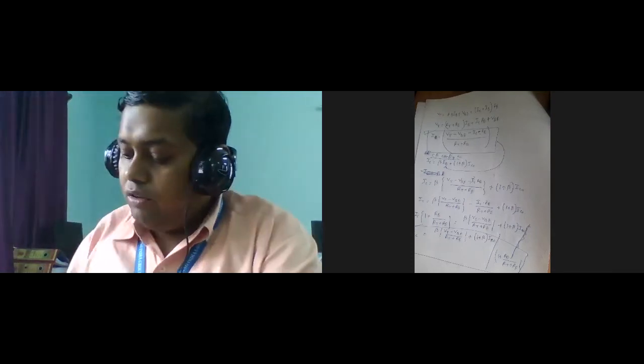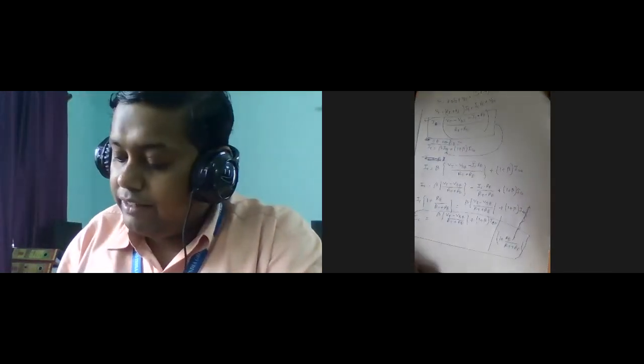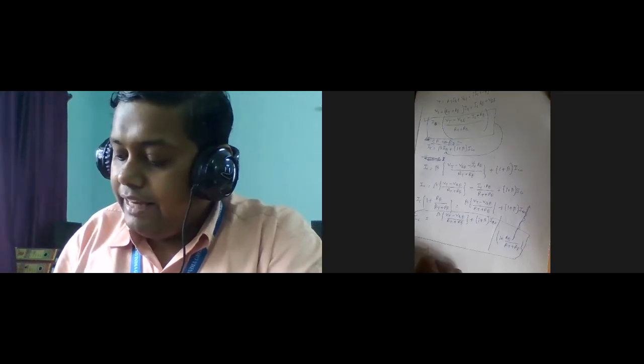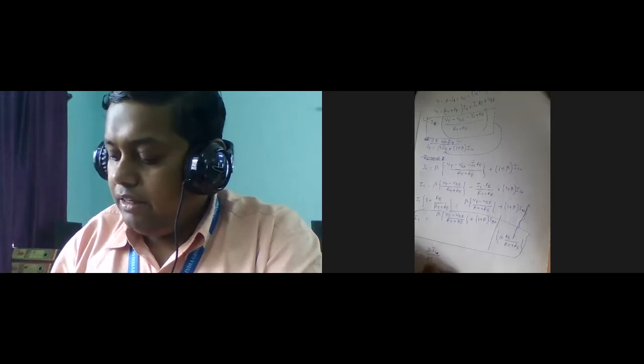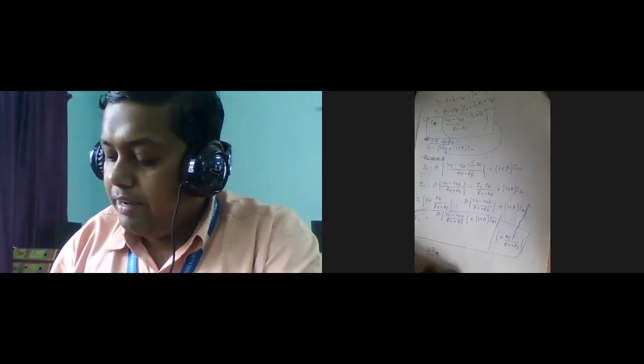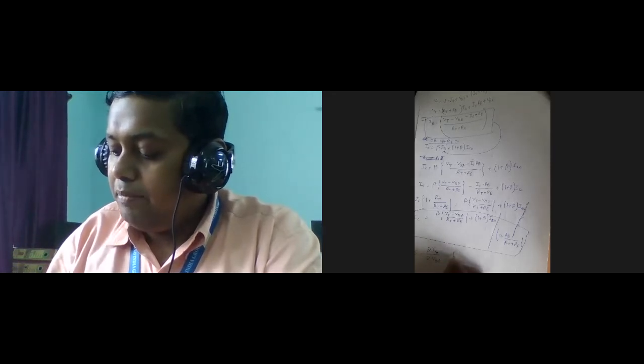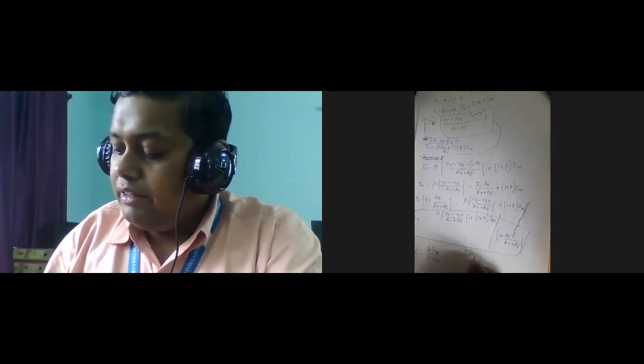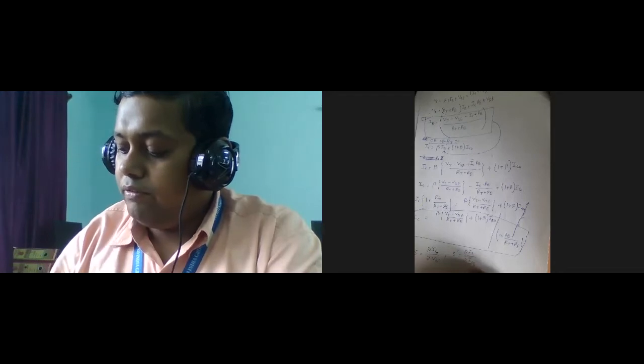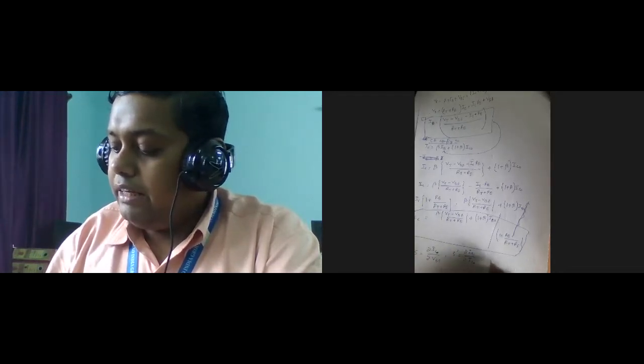Okay, fine. So now we will find out the stability factors. S, that is del IC by del VBE. This S prime is equal to del IC by del ICO, and S double prime is equal to del IC by del beta.